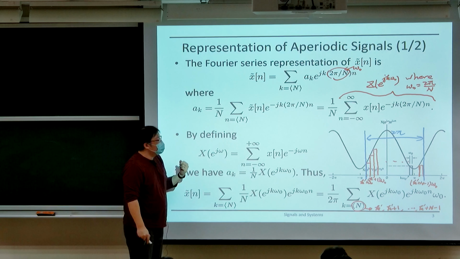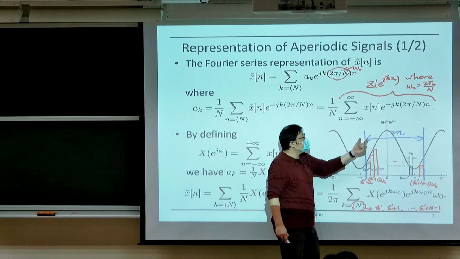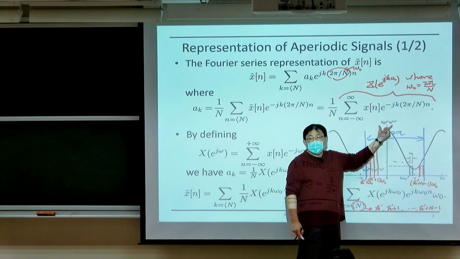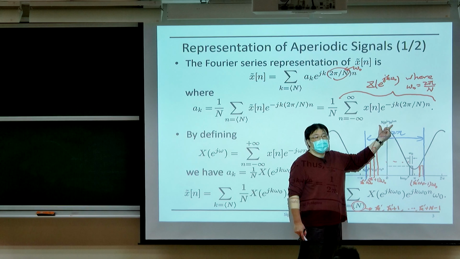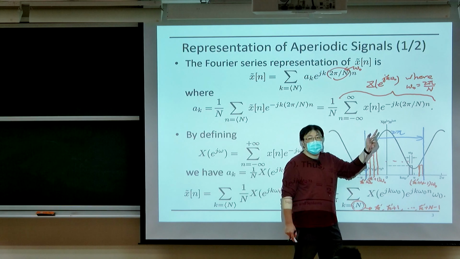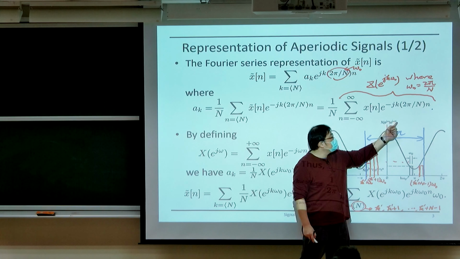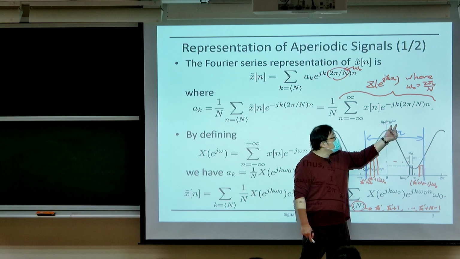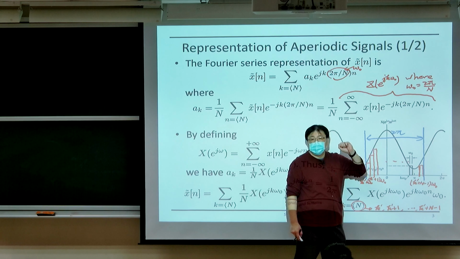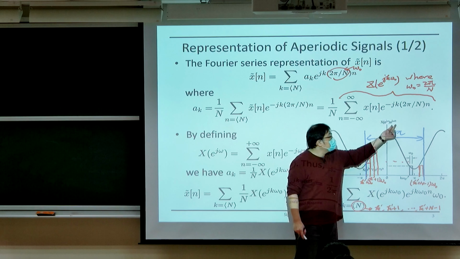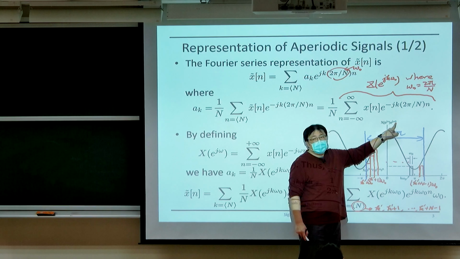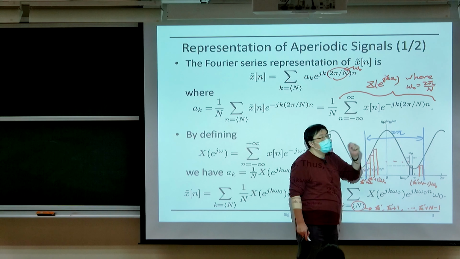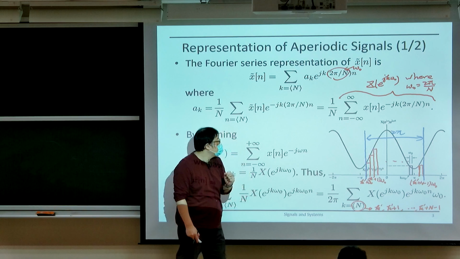Now, it's easy to show that this function is actually periodic with period 2 pi. You can easily see that because, let's say for the term e to the j omega n, if you take omega plus 2 pi and substitute it inside, you essentially get back e to the j omega n. So this complex exponential, because n is an integer, is periodic with period 2 pi.